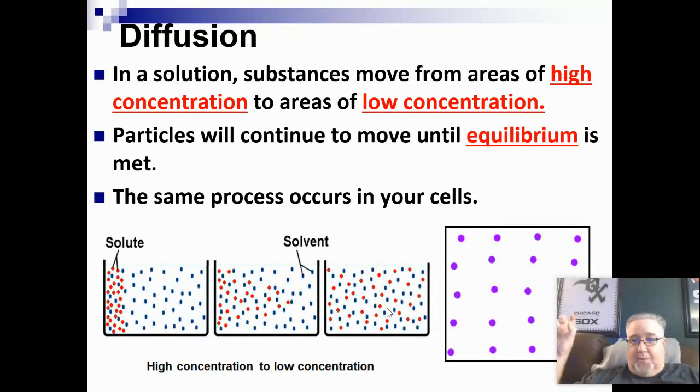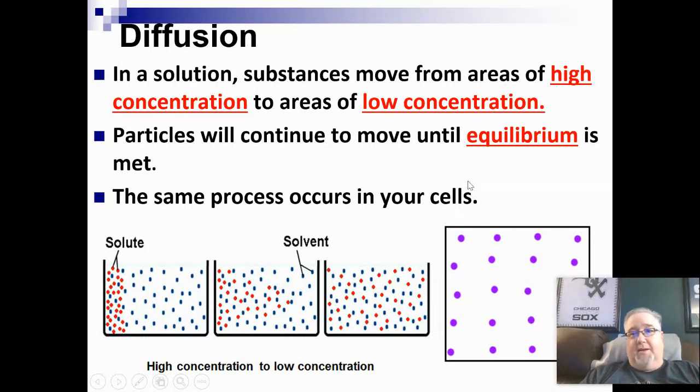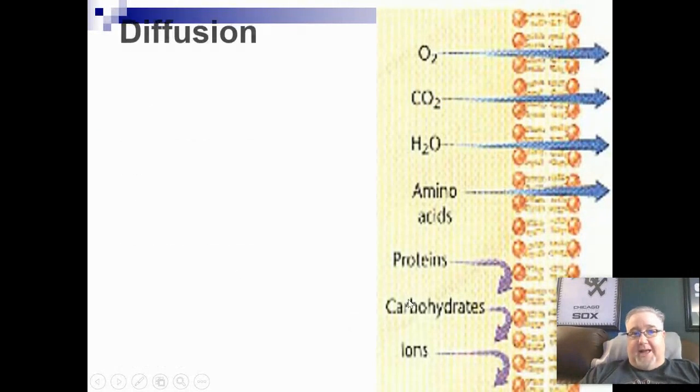But as you keep spraying that air freshener, it's going to be so highly concentrated in the area where you're standing, but those particles are eventually going to diffuse and fill up the entire room. And eventually, your brother or sister on the other side of the room is going to smell that, right? So, the term diffusion is just moving again from areas of high concentration to areas of low concentration.